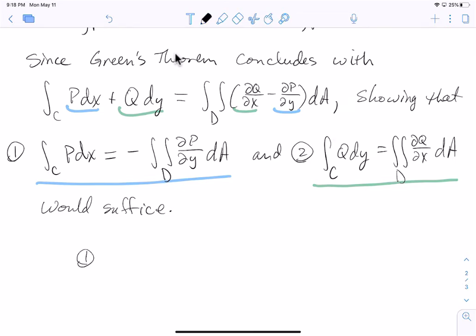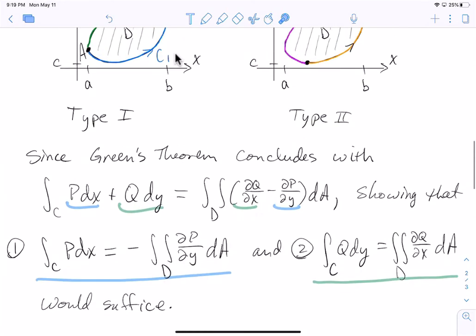Focus on equation 1, and in fact we're going to focus on the right hand side of equation 1 for now. We have the double integral over D of the partial of P with respect to y dA. That's the expression given in the right hand side of equation 1.